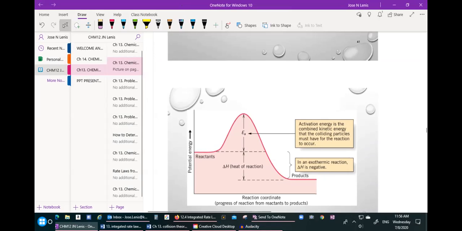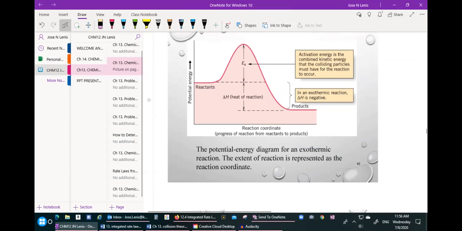So let's study a potential energy diagram. When we draw a potential energy diagram, we show on the y-axis, this is the y-axis here, potential energy.